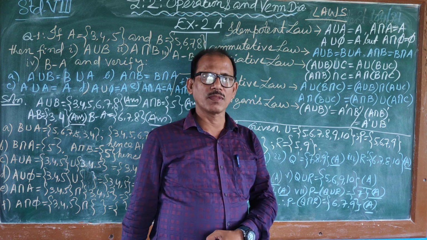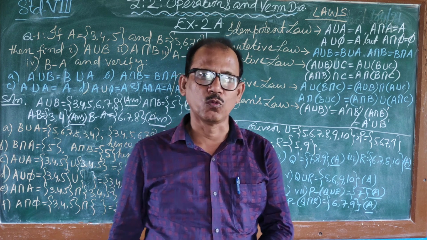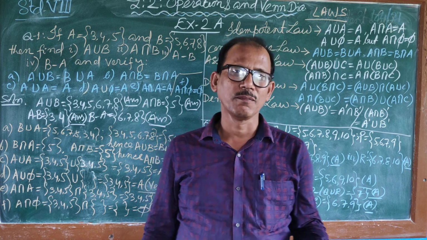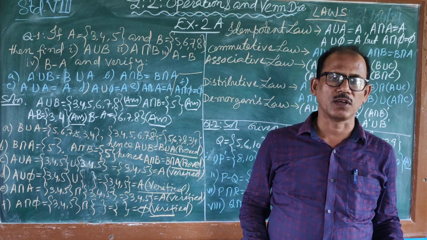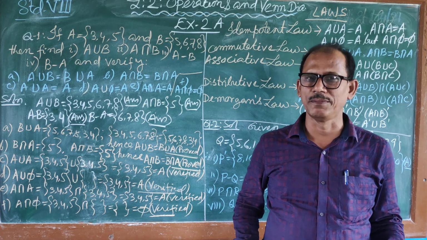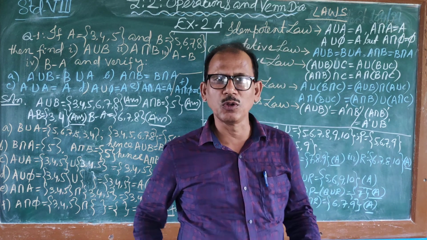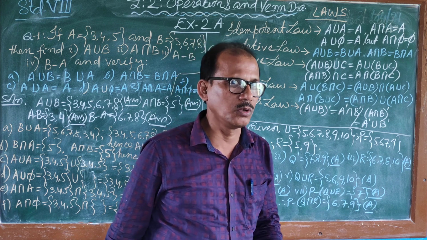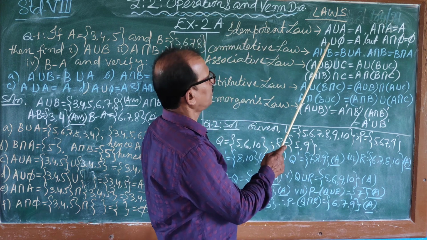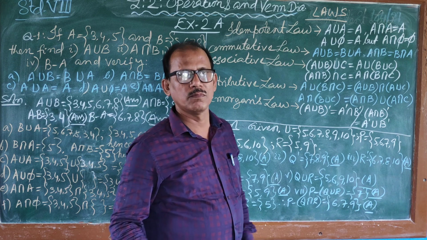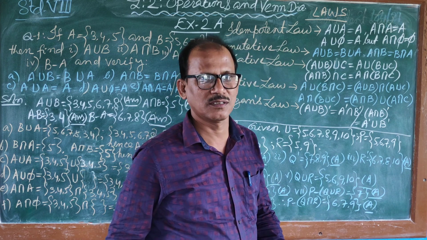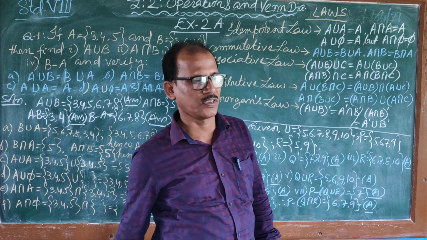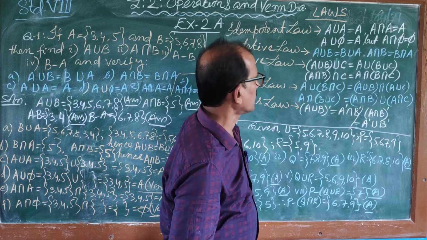Again, if you take the union with another set having 1 and 2 as elements, then the union will be 1 and 2, because elements cannot be repeated. So the union of a set with itself will be the set itself. That's the first formula, the idempotent law.